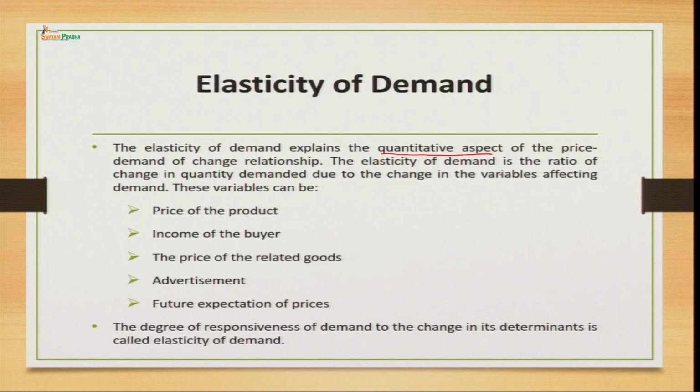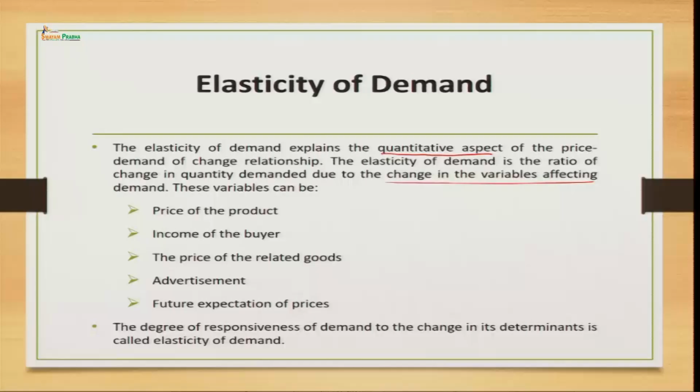The elasticity of demand is the ratio of change in the quantity demanded due to the change in the variables affecting the demand. So, very simple, we can define elasticity of demand. That means what change has taken place in the quantity demanded due to the change in the factors affecting the demand, right. It can be the price, the income, the price of related goods, the taste and preference, or the advertisement of that commodity.